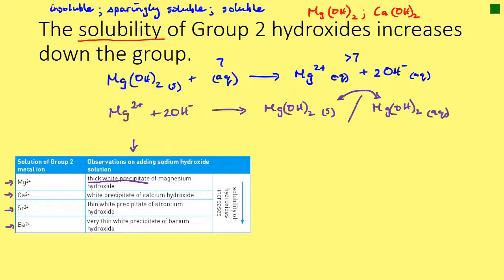And that would look as if magnesium hydroxide was actually insoluble. You wouldn't observe any of that precipitate dissolving. And you might quite easily say that it's insoluble, but if you were to check the pH of that solution, you would find it slightly alkaline, which means that there were some hydroxide ions created, which means that it did dissolve a little bit. So we're going to call this sparingly soluble.